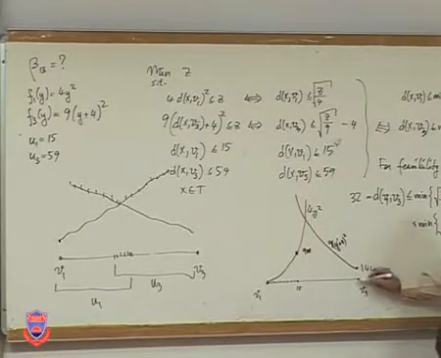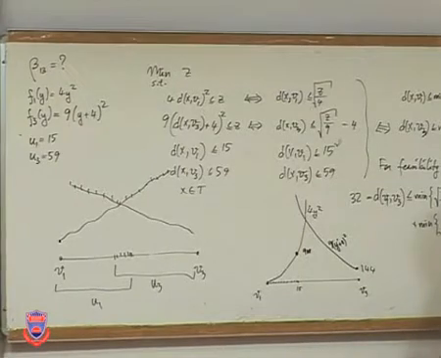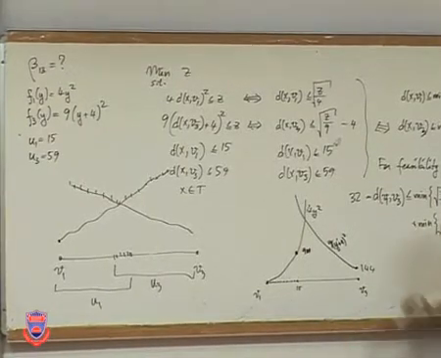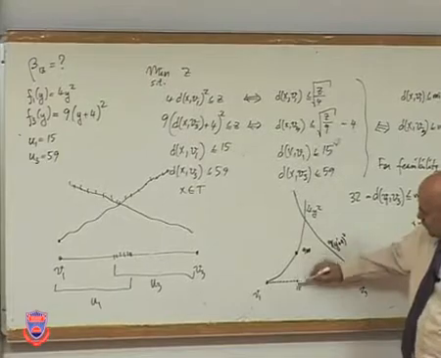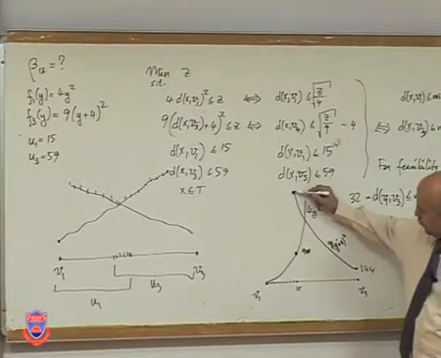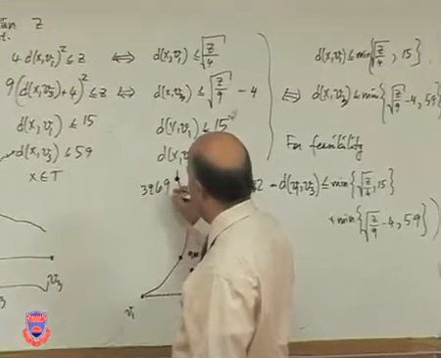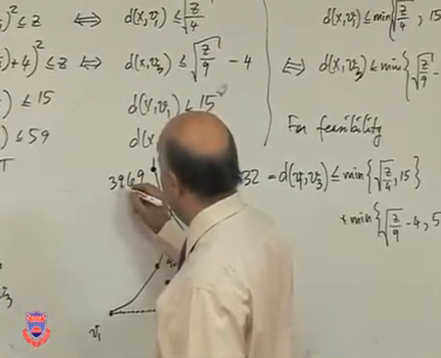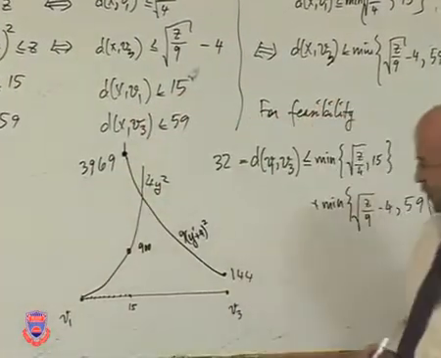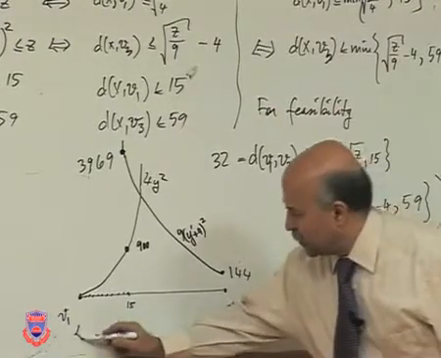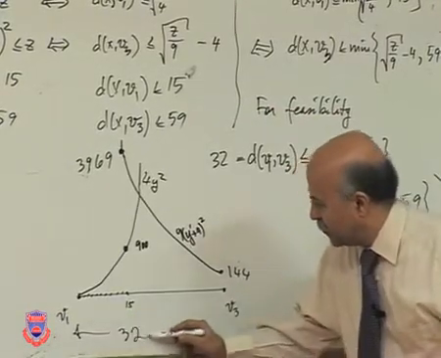Y prime is measured from here, okay? All right, so at 15, what's the value? 3969. Are you sure? Yes. What was the entire distance here? 32? Yes.